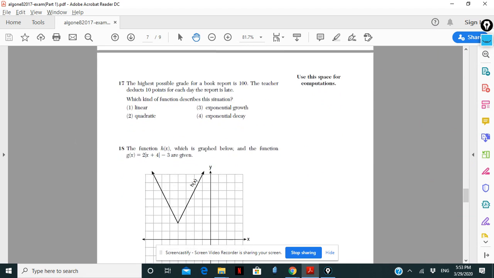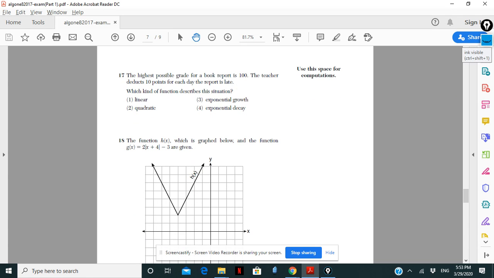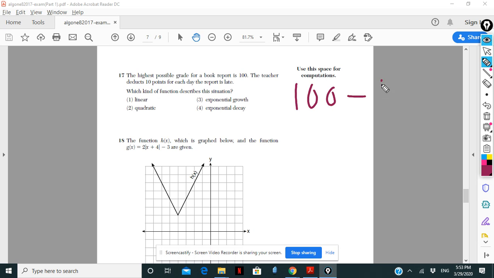Question number 17. The highest possible grade of the gradebook is 100. If the teacher deducts 10 points for each day the report is late. So I have 100, and every day he deducts 10.